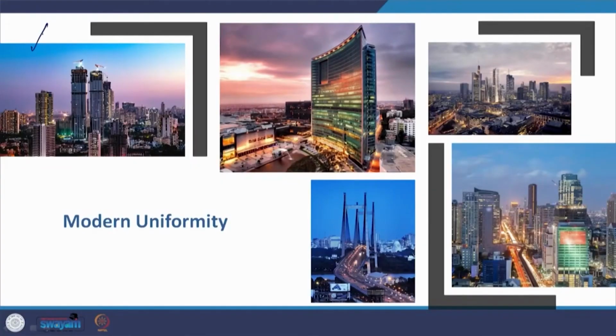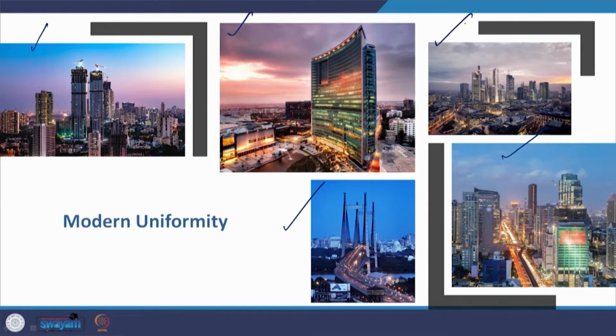But modernism, on the other hand, brings about uniformity. In these pictures, a series of pictures of cities in India, there is one picture of a city from Europe. But unless you have a very fine eye for a particular building that represents a city, you cannot identify which is which. For example, this is Mumbai, this is Kolkata, this is Bangalore, this is Gurugram, this is Frankfurt.